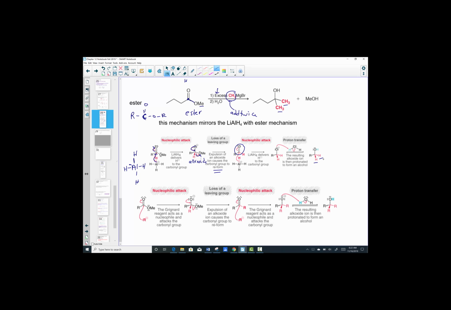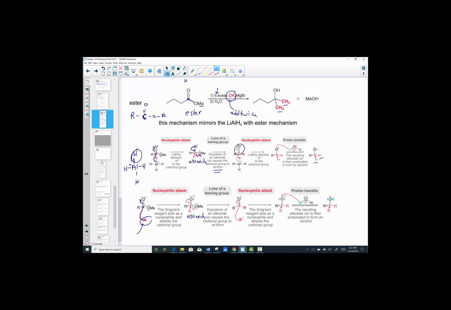When we compare that to an ester and a Grignard reagent, it's the exact same process, but instead of adding a hydrogen, we're going to add an R group. So step 1, you attack the electrophilic carbon, causing the double bond to collapse, and we form the alkoxide anion.